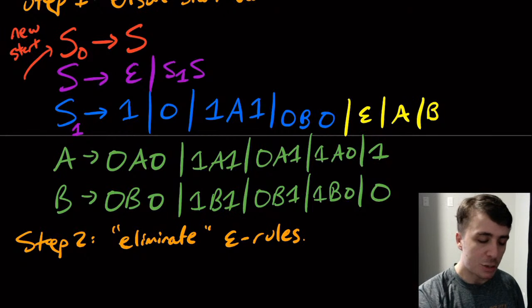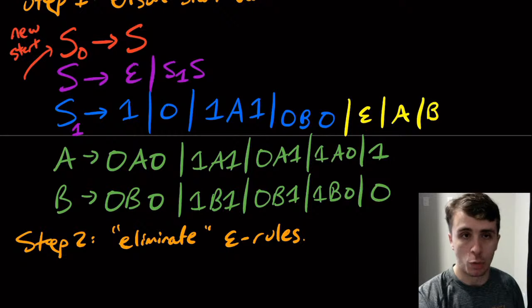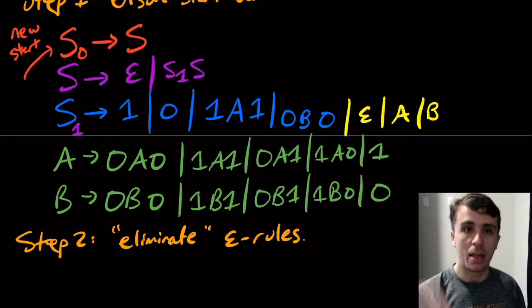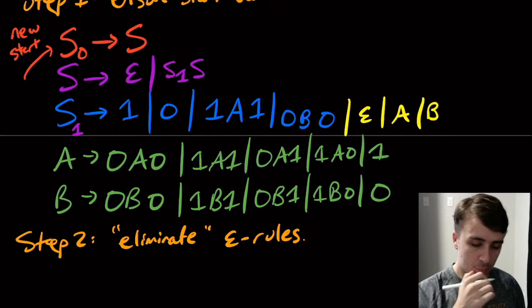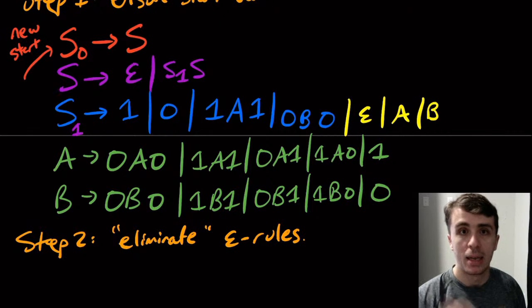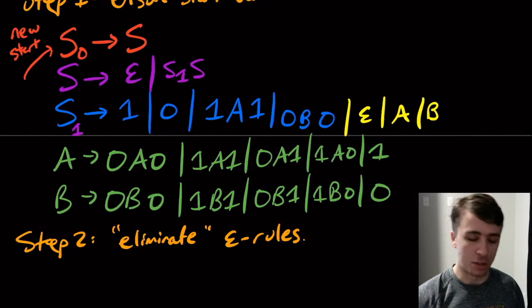Like S1 can't make epsilon directly, but if I make it indirectly, that's a good thing. So if I don't have a non-start variable making the empty string at some point, then that's a good thing.